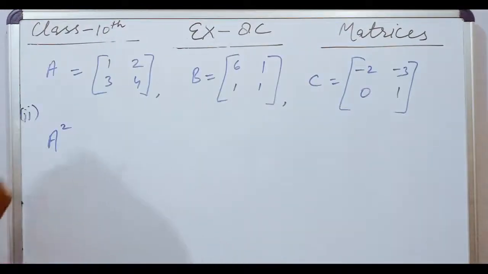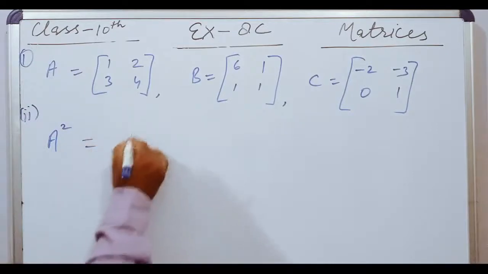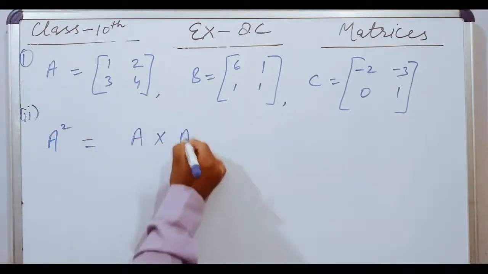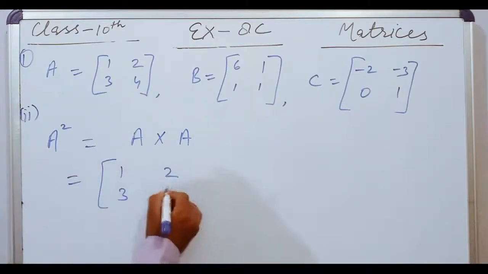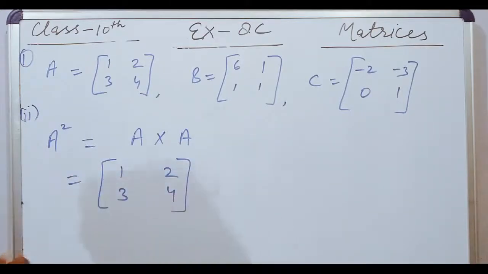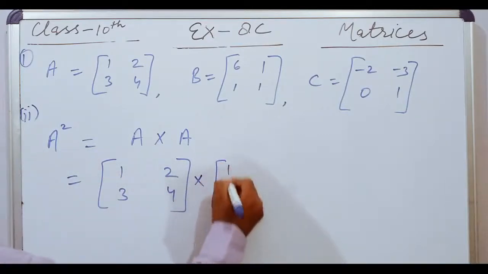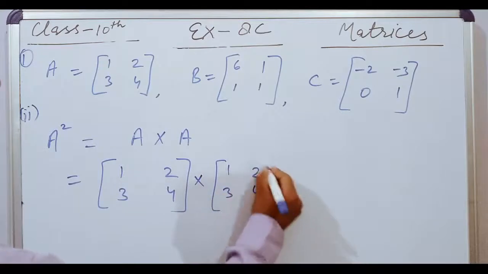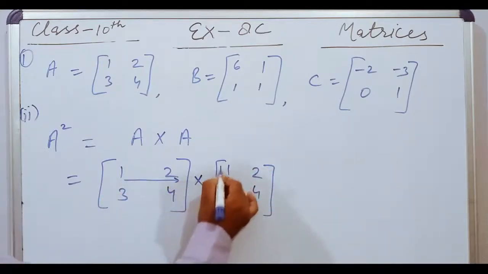Next part of question number 1, A square. So A square can be written as A into A. So A [1 2; 3 4] into again [1 2; 3 4]. Now you will multiply this into this.